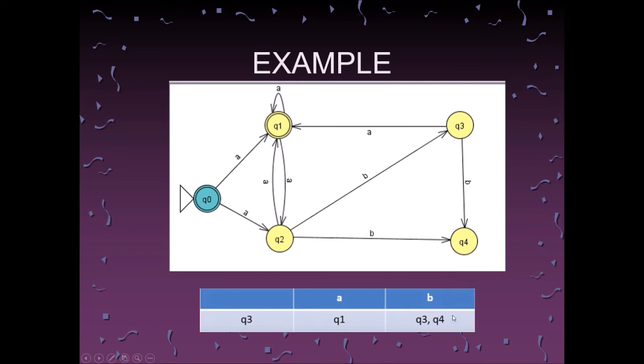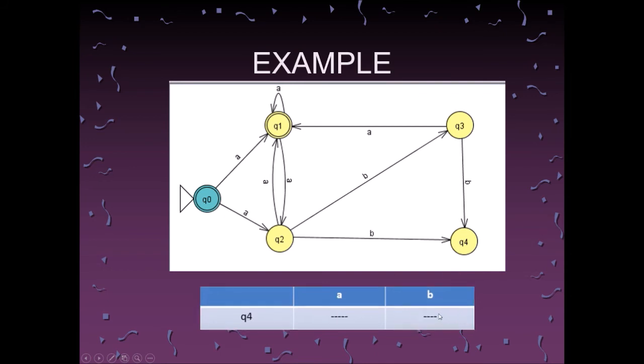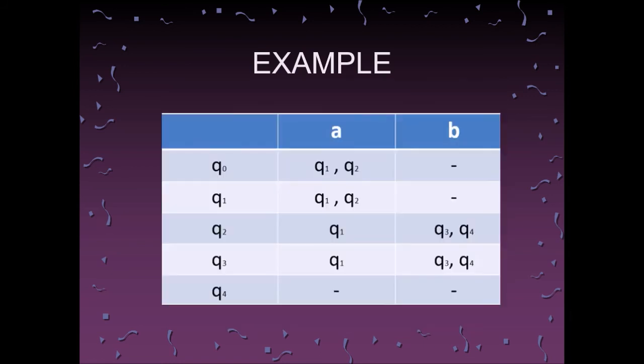So we write it in the table. Then we go to state number 4 and check that there isn't any transition with it, so we don't write anything. Now we have the table completed with all the information we found before.